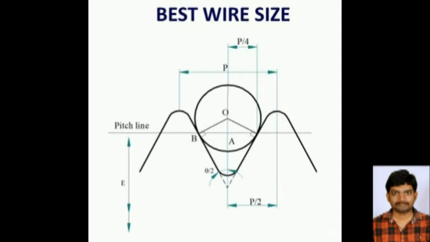So wherever possible we should calculate the best size wire, and then the nearest size wire should be selected, and then it will be used for measuring the effective diameter.